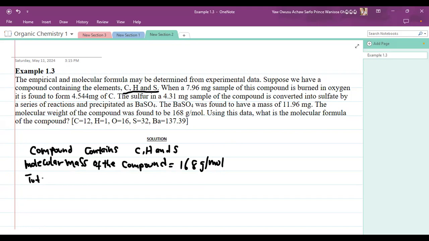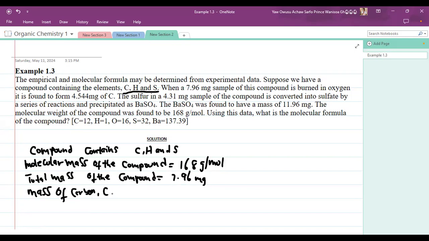So the total mass of the compound is equal to 7.96 milligram, and the mass of carbon C is equal to 4.544 milligram.